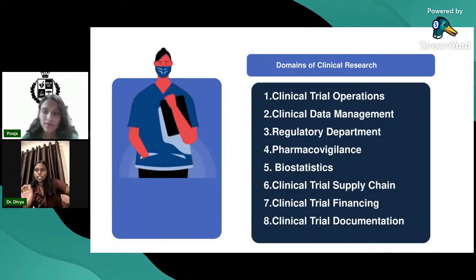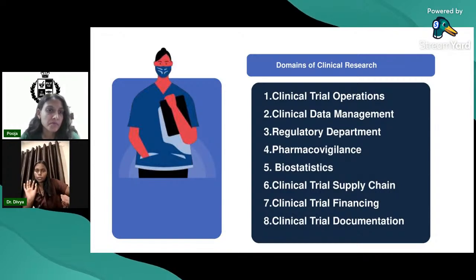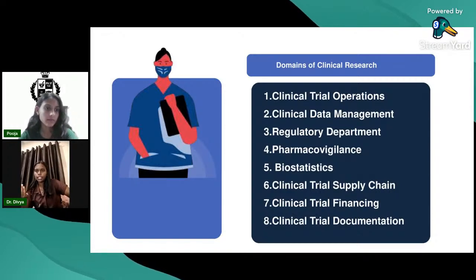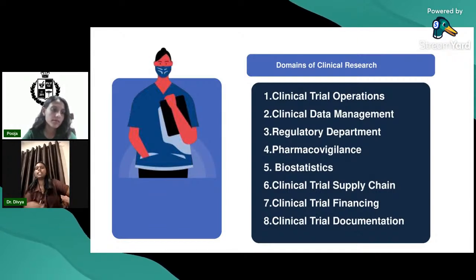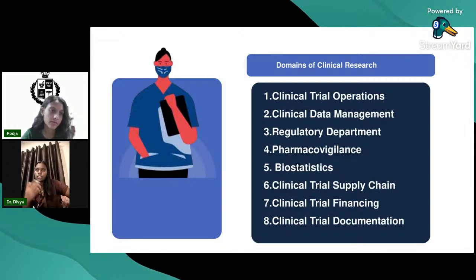So first is clinical trial operations. Clinical trial operations are the people who actually conduct the trial. That means whatever phases we discussed in the earlier slide, where we bring people, healthy people, then diseased people, and administer the drug, this practical conduct of the trial will be done by these people.